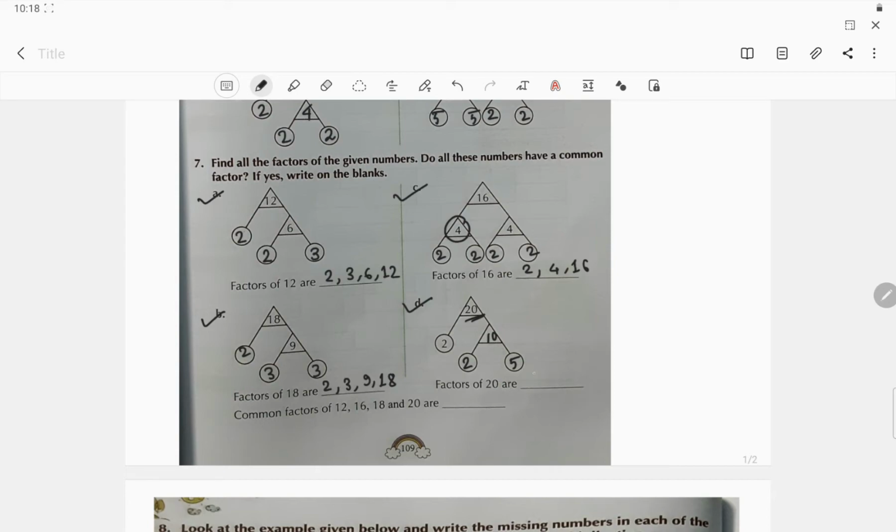Factors of 20: 2, 5, 10 and 20. Okay, so you can say the common factor of 12, 16, 18 and 20 is 2, because 2 is in common, right?